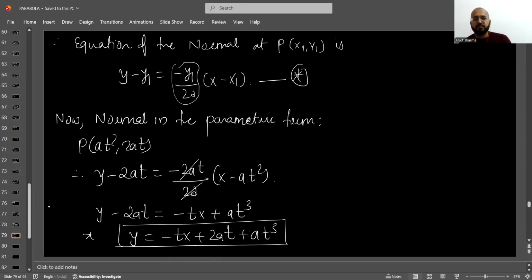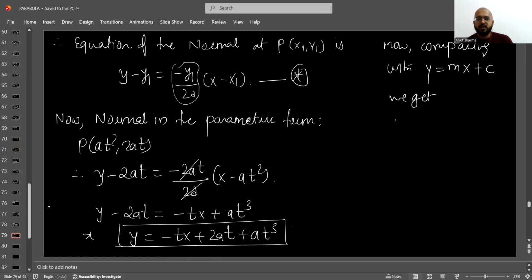So now, if I compare with the standard equation of line that we mostly use, the slope intercept form, y equal to mx plus c, we get m is equal to minus t, and c is equal to 2at plus at cube.